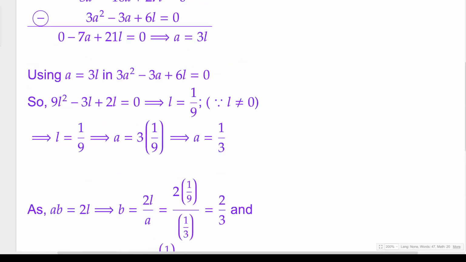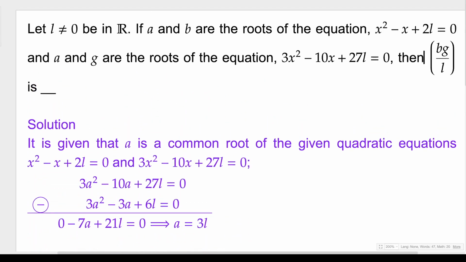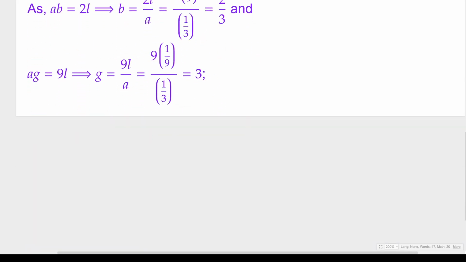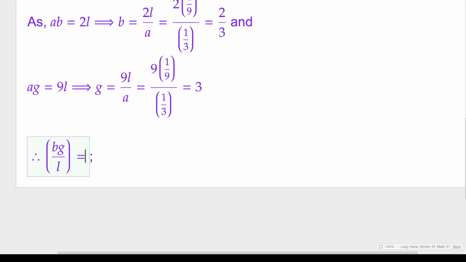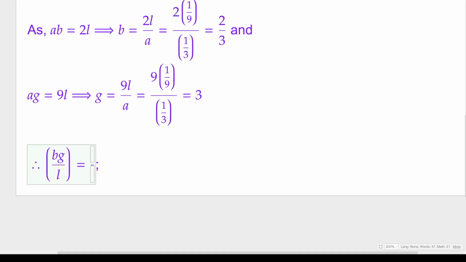Finally, for the quantity that has been demanded here, we have the values, so we can easily substitute and get the answer. This will be equal to b times, what is the value of b here? b will be 2 over 3 times a.